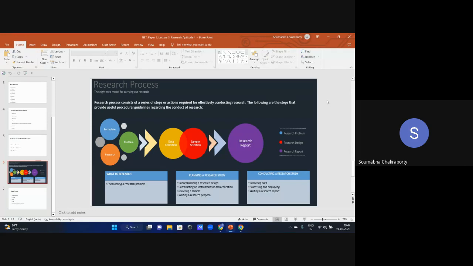Because if you don't design your research properly, or if you design your research in a very faulty manner, it might lead to findings that are very misleading, and therefore your research will be faulty. So it is very important that you ensure that your selection of research design permits the accurate prediction of outcome under a given set of limitations.